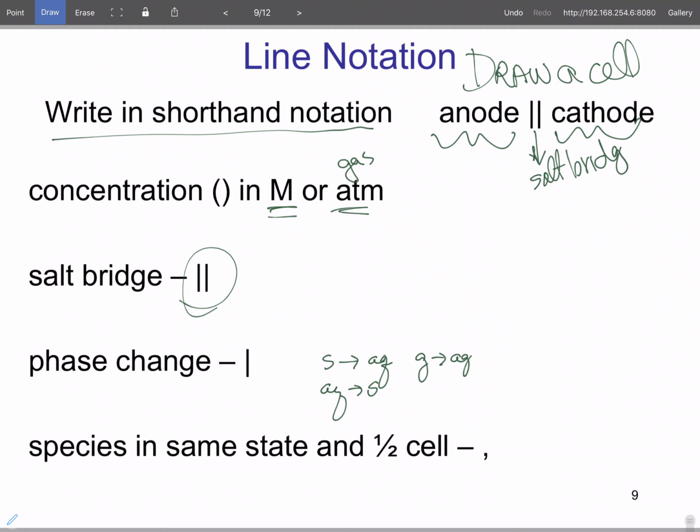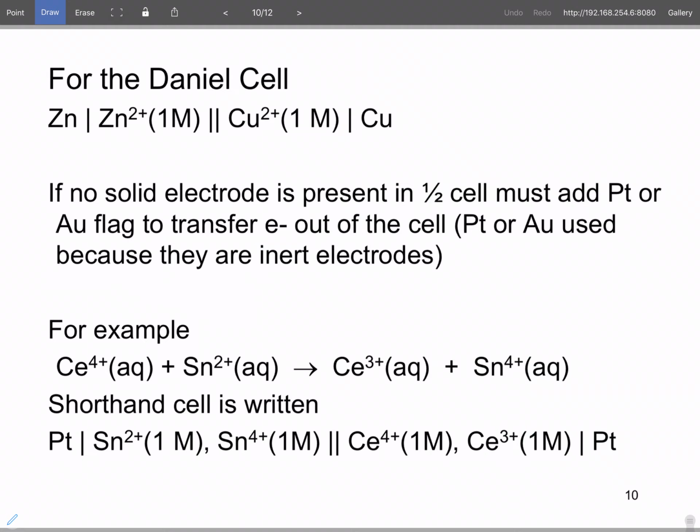So, for example, if you had iron 2 plus 1 molar with iron 3 plus 1 molar, they would be in the same cell, the same electrode. So they're in the same state, so you would put the comma. An example of this is the Daniell cell, and you can go back and look at it. Remember, the zinc is the anode. We're going from zinc solid, phase change, to the aqueous form.